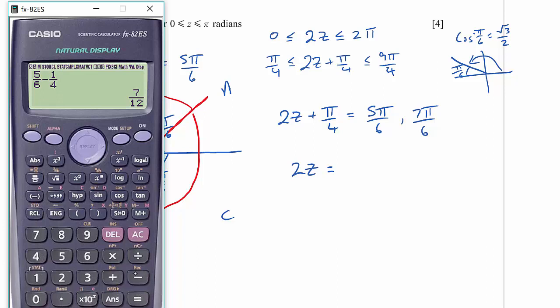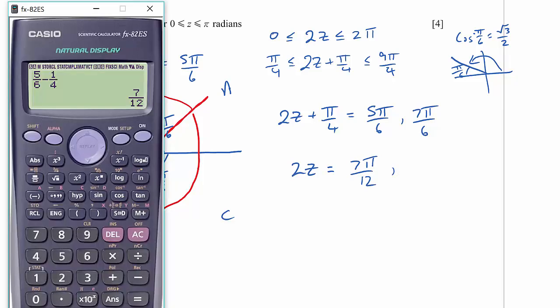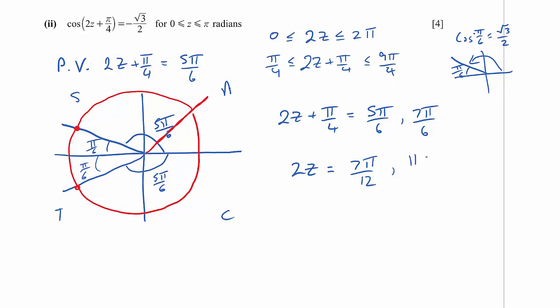So that's 7 over 12, so that one's 7 pi by 12. And then 7 over 6 take away a quarter, so it's 11 pi by 12. And that means that z is going to be 7 pi by 24, or 11 pi by 24.